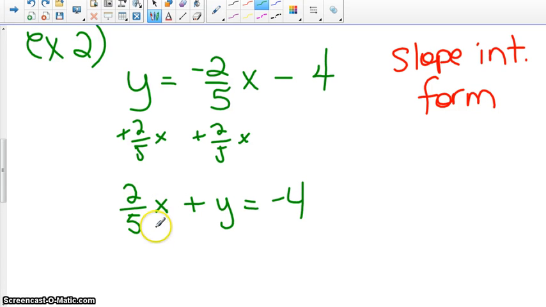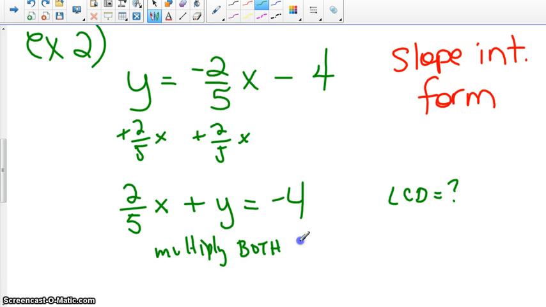All right, now this works, x plus y equals negative 4, but we don't have all integers. So how do I get rid of the fractions? Well, let's find the LCD. And we're going to multiply both sides, sometimes you forget this, by the lowest common denominator.